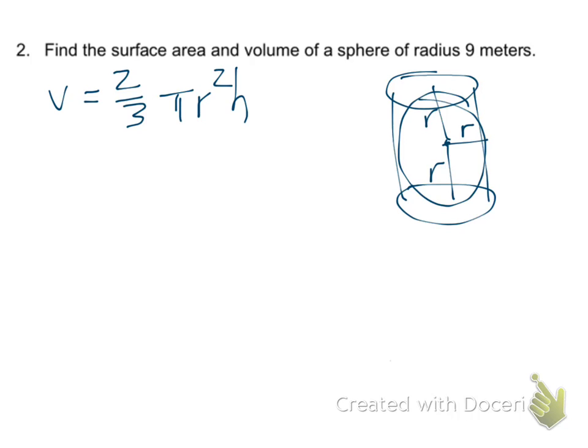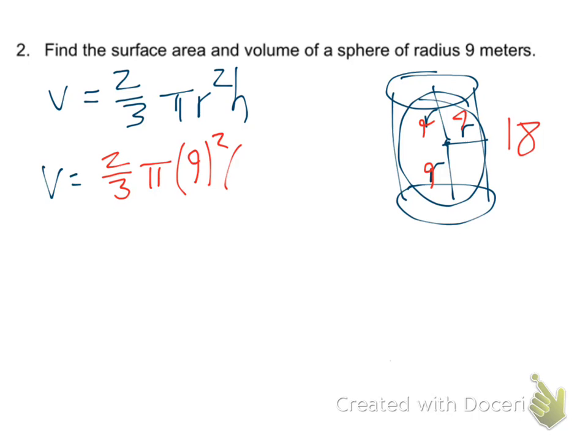So we have 9. So V equals, if I change my numbers, the radius is 9 and the diameter is 18, which makes the height what? 18. So it's 2/3 pi r squared, 9 squared, times 18. What's 9 squared?